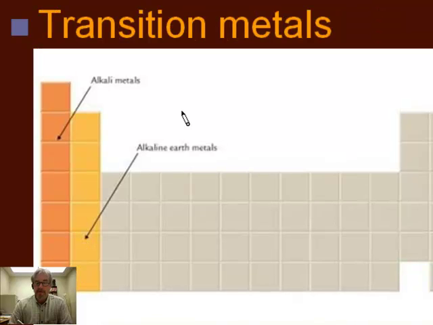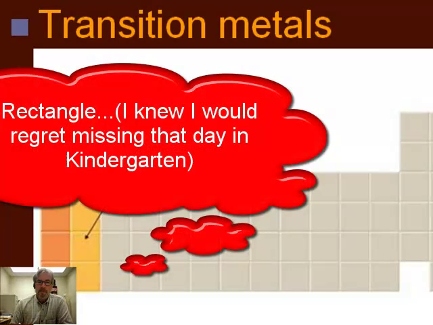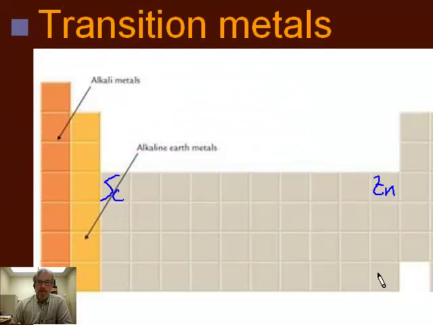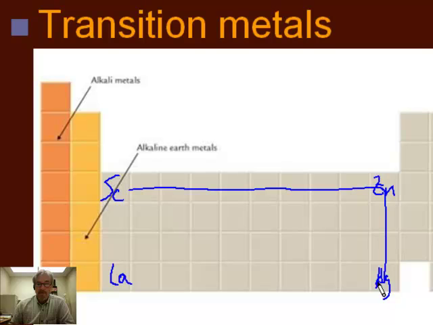Another group isn't really a group, it's a kind of a collection of groups. If you made a triangle that started here at scandium and went over here to zinc, and then went down to mercury, and then went back over to lanthanum, this whole group in here, this rectangle, these are called the transition metals. And the transition metals are the metals that you think of when you think of metals.